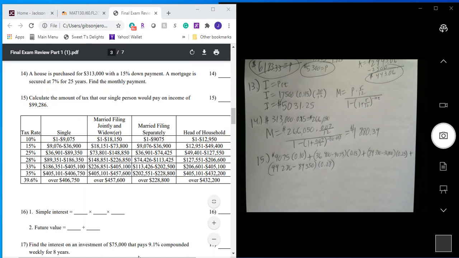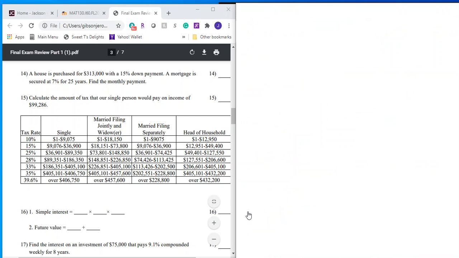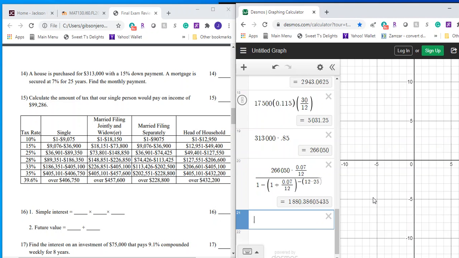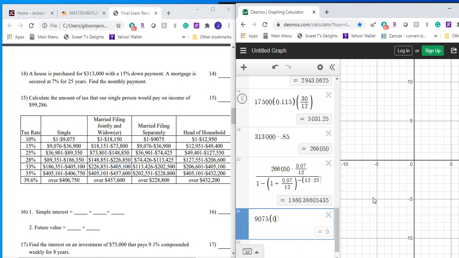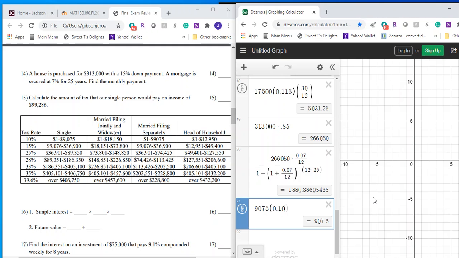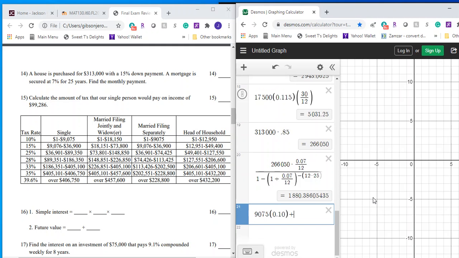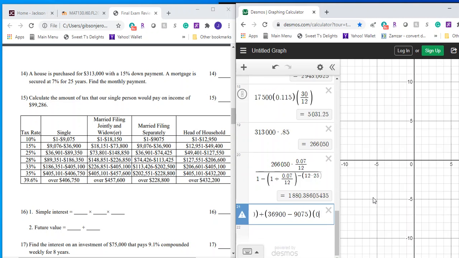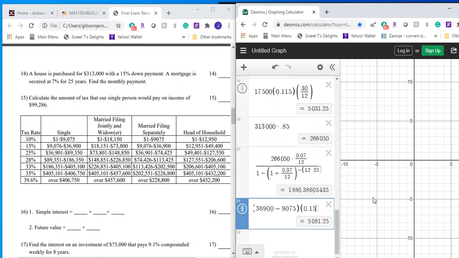Now, we have to put this in our calculator. So we would have the 9,075 times the 10% plus the 36,900 minus the 9,075. Then we know that'll be at the 15%.